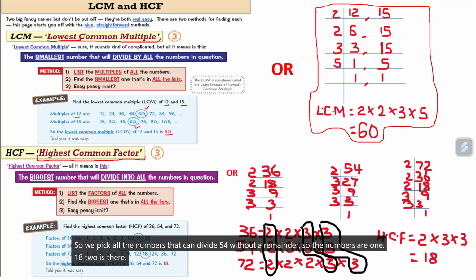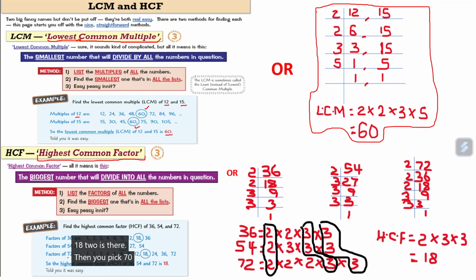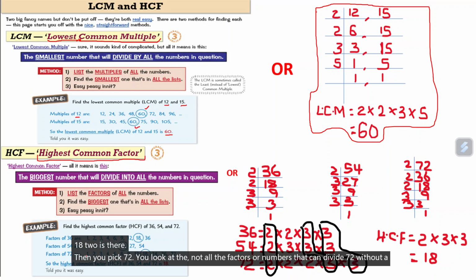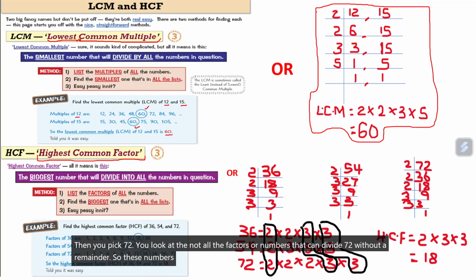Then you pick 72. You look at all the factors or numbers that can divide 72 without a remainder. So these numbers are 1, 2, 3, 4, 6, 8, 9, 12, 18, 24, 36, 72. So all these numbers are factors of 72.